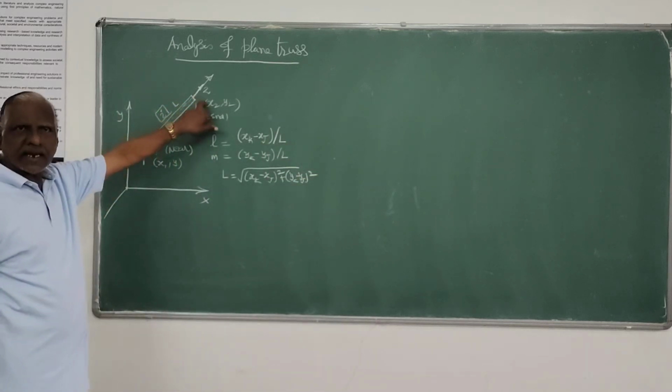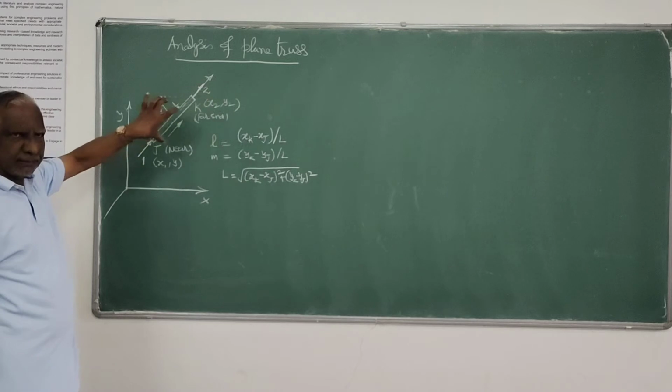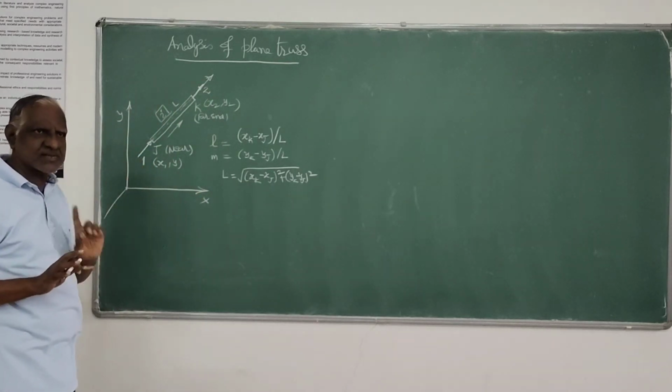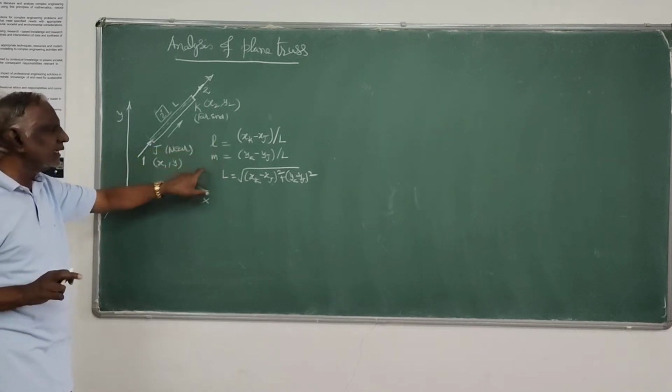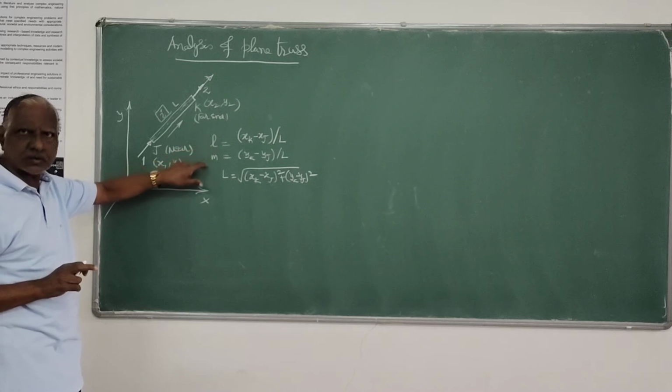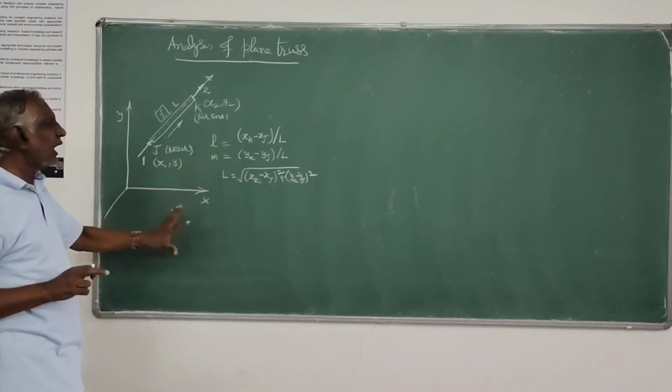Having defined the near and far end of the member with reference to the global axis chosen, we can find the element geometrical properties like its direction cosines, its length, everything.